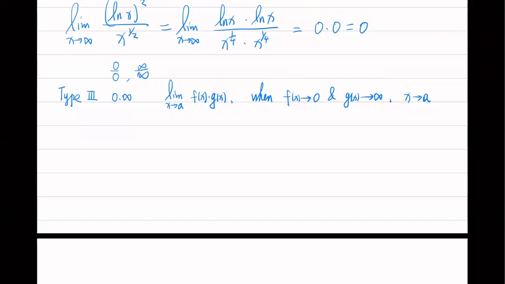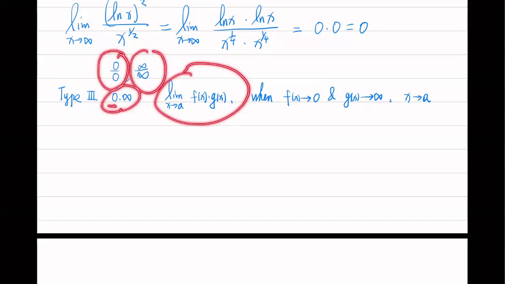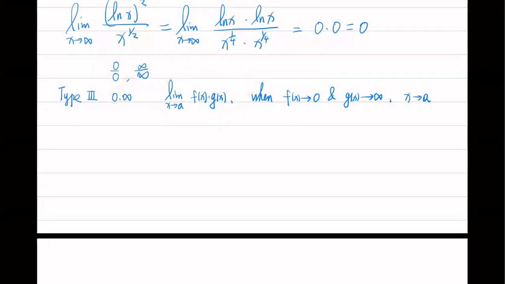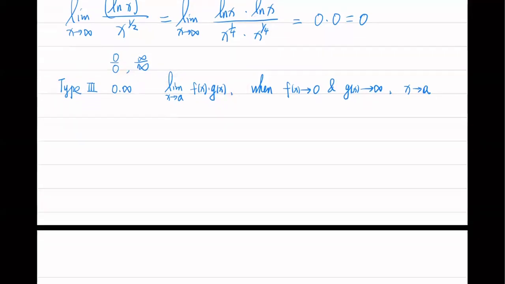So to find the limit, we will convert this type 0 times infinity to one of the previous two types. Sometimes we convert it to this type if it's easier. If not, we convert to this type. Okay, we have a choice. Approach.